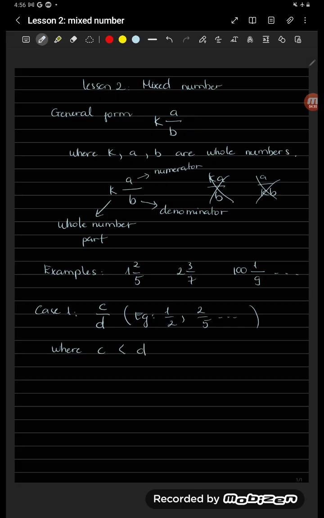In this case we do not have a mixed number. In other words, we cannot write the fraction c over d as a mixed number.